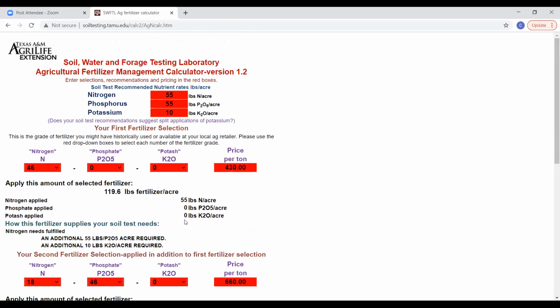So what they're going to hand you is your blend that's going in your fertilizer buggy for this particular soil test, and it's going to be a 22-22-4, and you need to apply 255 pounds to the acre to get that. So that's how we calculate a fertilizer blend based on the soil test recommended nutrient rates.